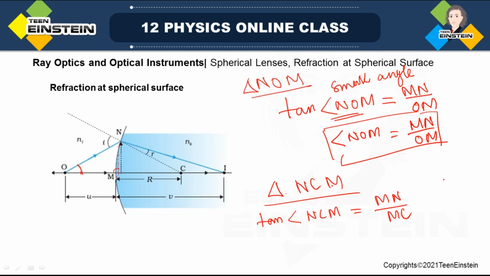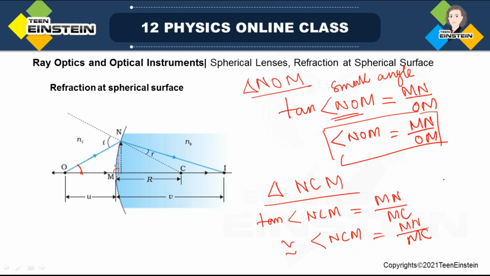Similarly, we can write that this is nearly equal to angle NCM, by the small angle approximation, equal to MN by MC, if we require that.